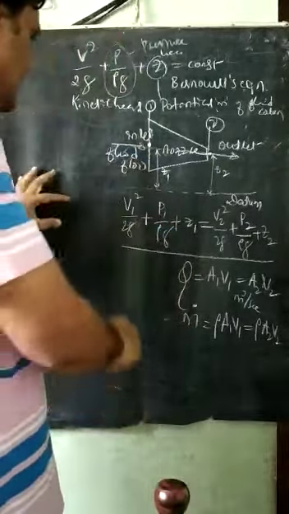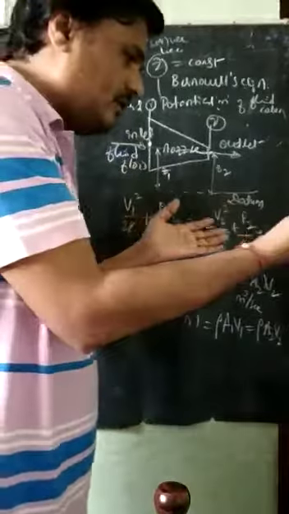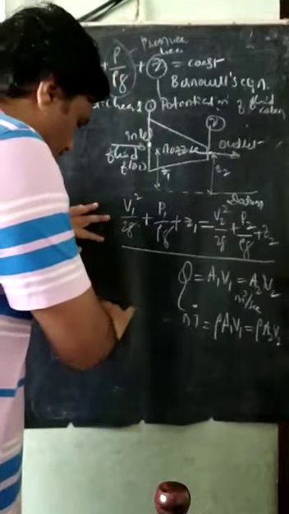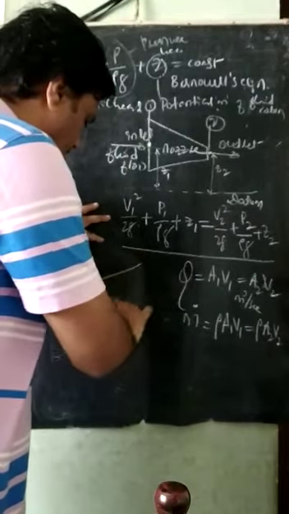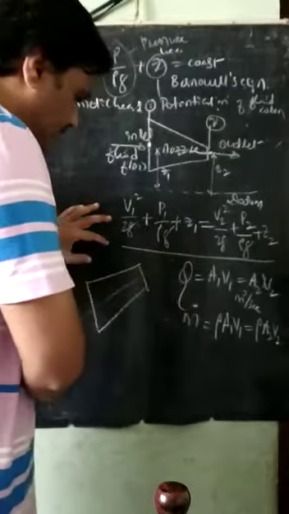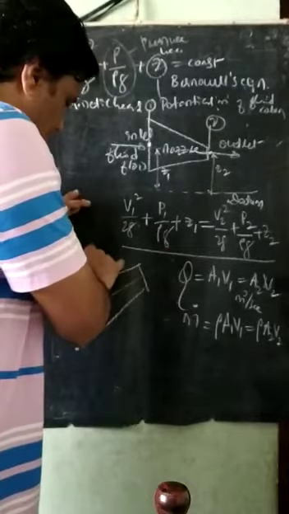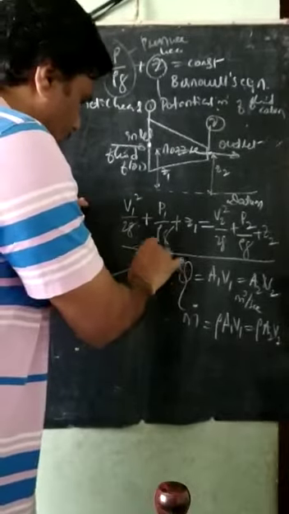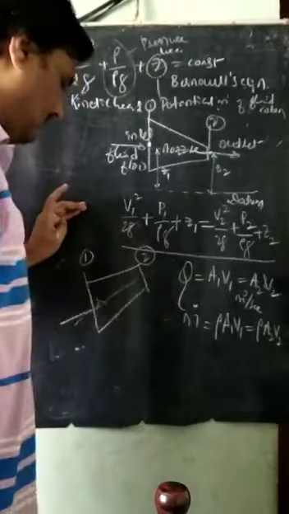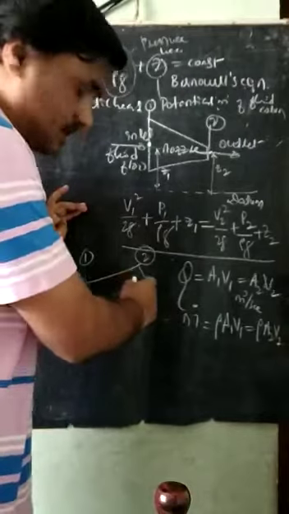Some numericals are like this: if the nozzle is horizontal, fine, but sometimes the nozzle is made at some angle. In that case, this is section number 1 and this is section number 2 at the outlet. Flow is taking place in the upward direction from section 1 to section 2.